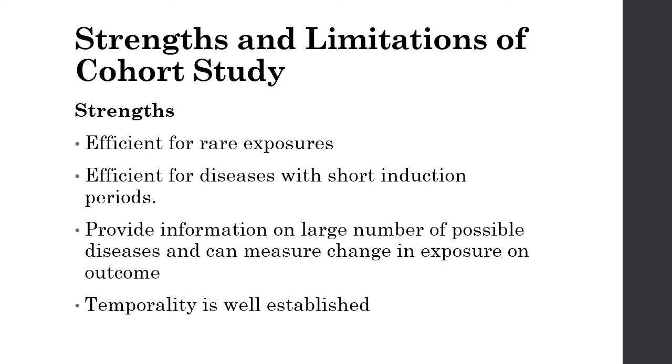Temporality here is well established. If you remember temporality, because you are starting with the exposure and you are sure that the outcome of interest was not present by the time of the study, then making an association, correlation, and therefore causation, and relating the outcome to the risk factors is possible in cohort study.